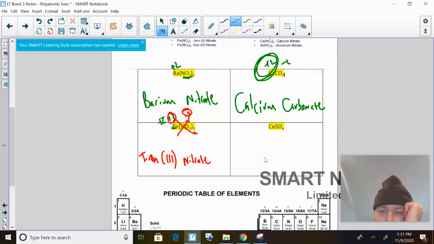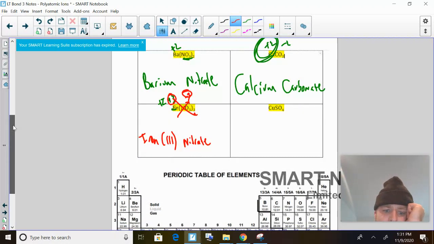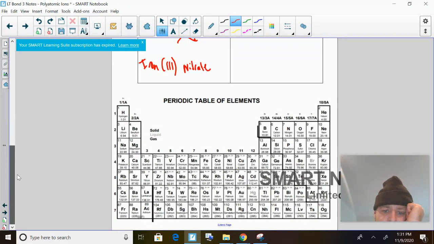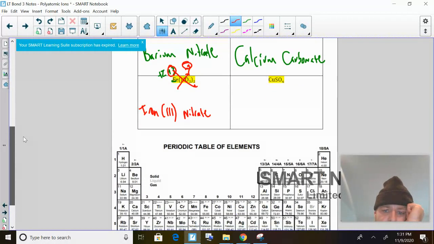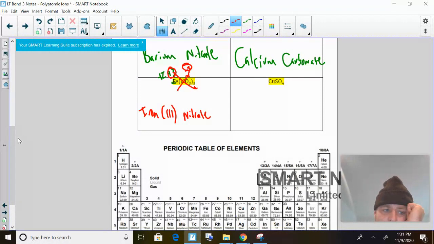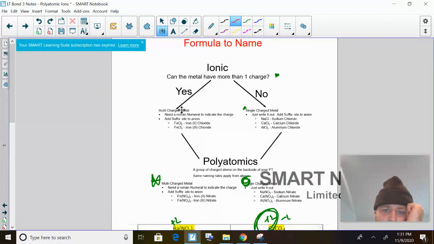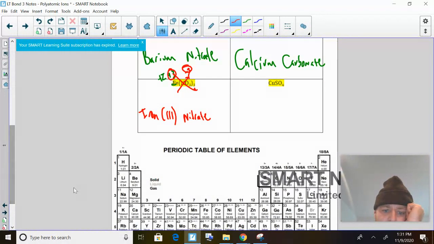Copper, Cu. Okay, so the question is, can copper have more than one charge? Yes, it can. It can be +1 or it can be +2. Well, what's sulfur? Sulfate.